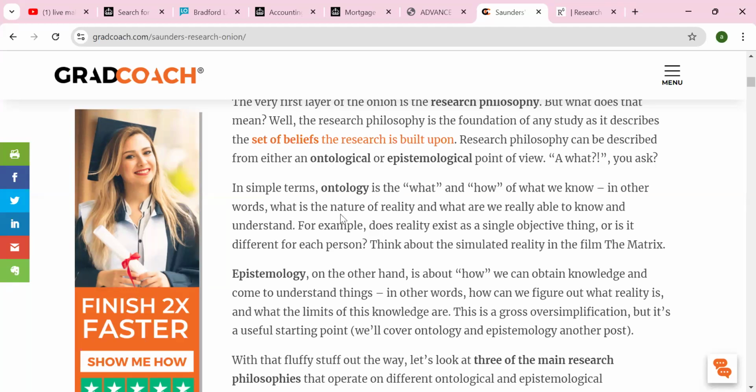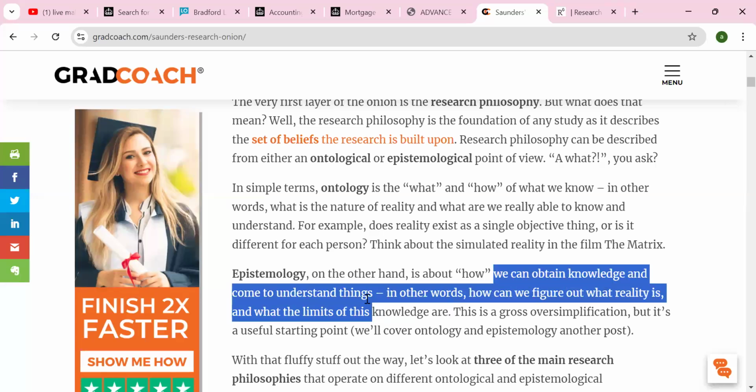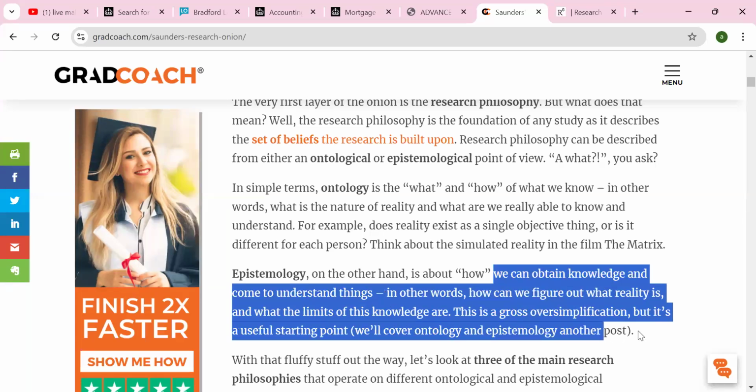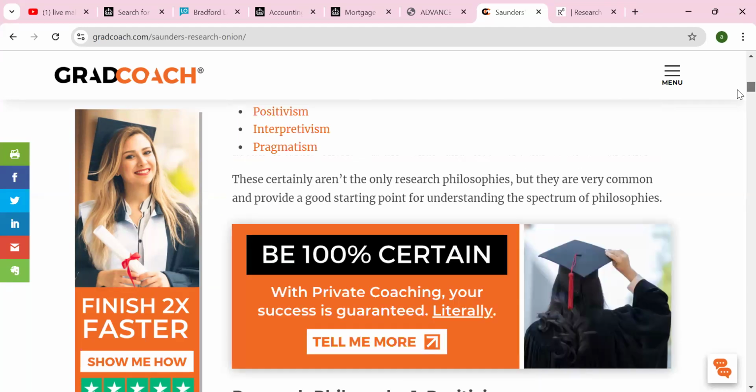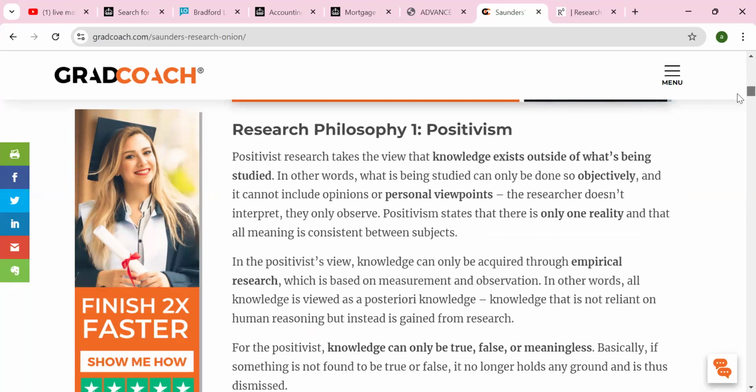Then the second is how we obtain knowledge and understanding about things. We can get knowledge by doing background research about the topic. Then we have positivism, interpretivism, and others, which are research philosophies we can explore.